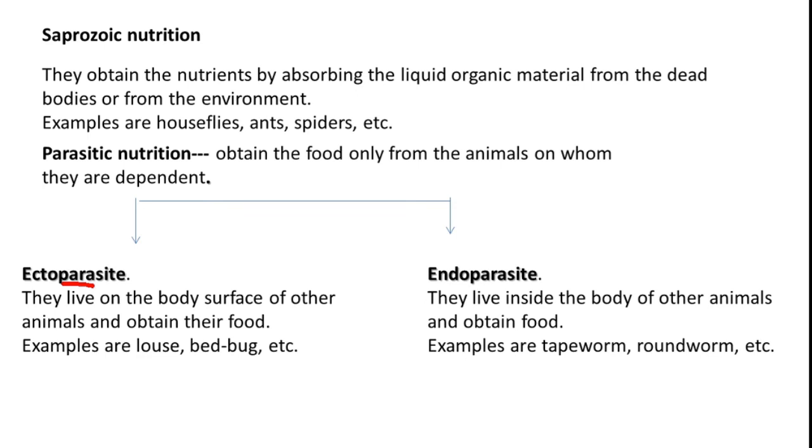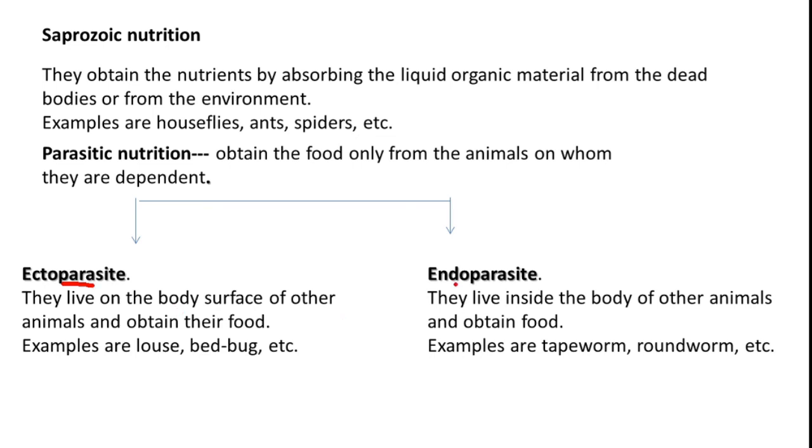For example, louse, bug, tick, etc. So you can see small animals on the bodies of dogs and buffalo. So these small animals are ticks. From where do these little animals obtain their food? They will suck the blood of these animals like dogs and buffaloes.